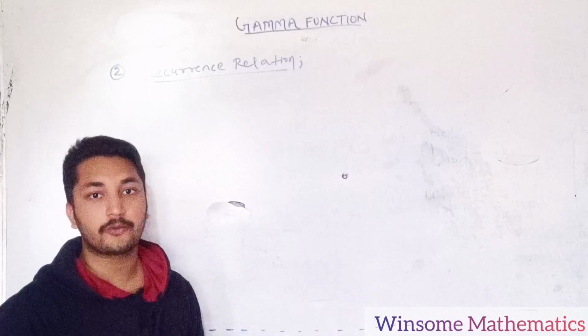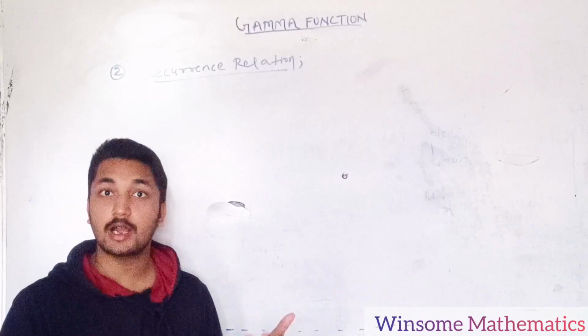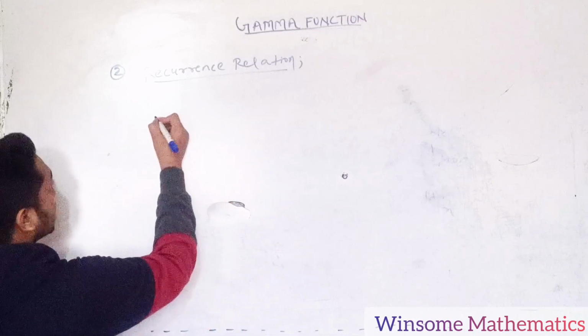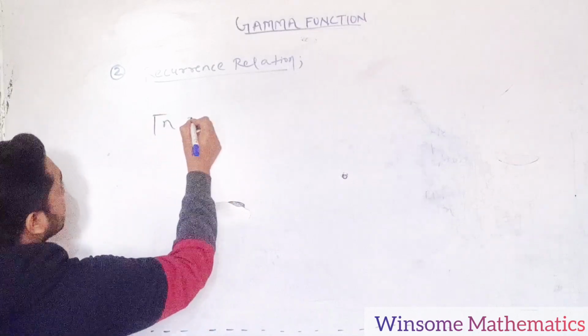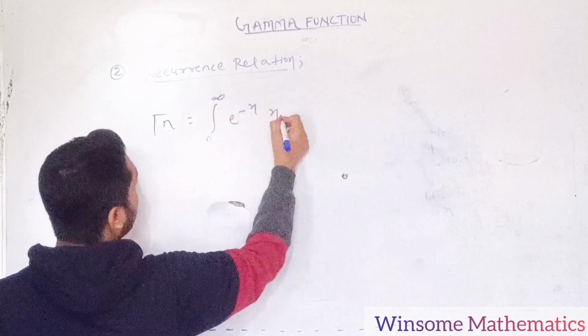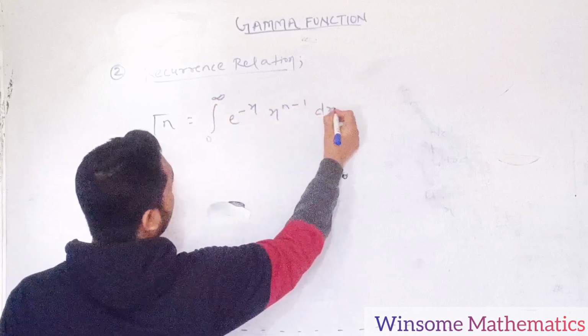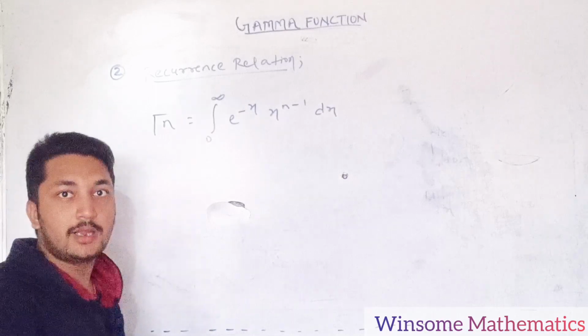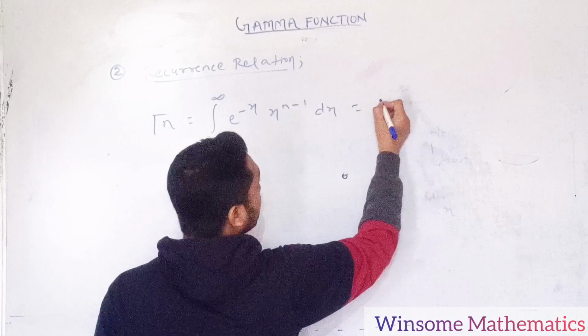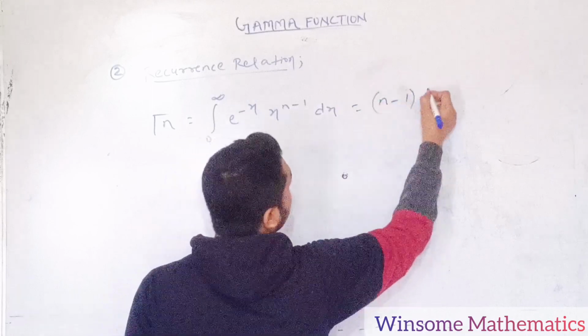So first of all we evaluate gamma 1. What is gamma 1? Okay, so must clear it. Gamma n is equal to the integral from 0 to infinity of e to the power minus x, x to the power n minus 1 dx. And one more thing to clear, the value of the gamma function is equal to n minus 1 factorial.